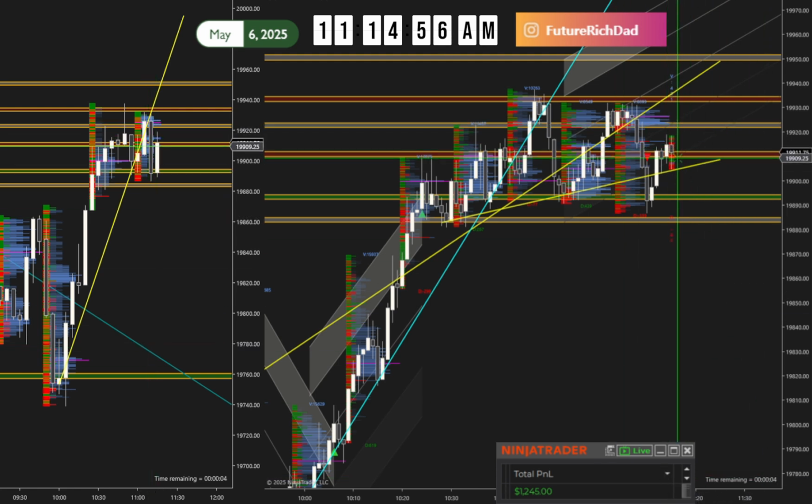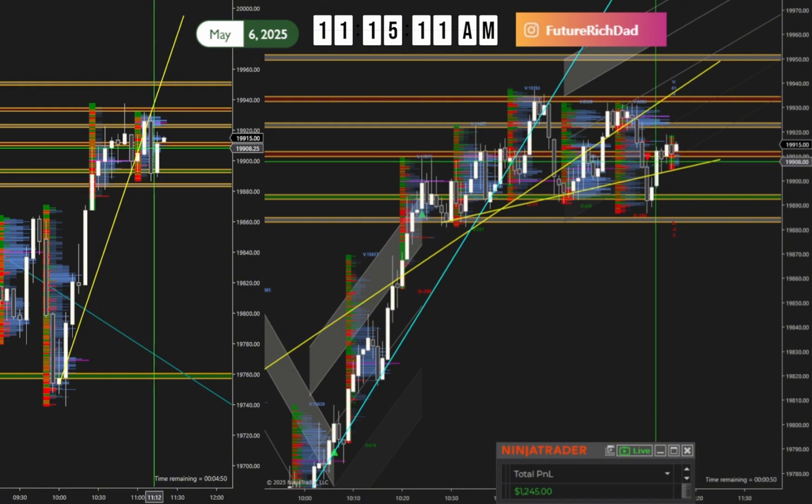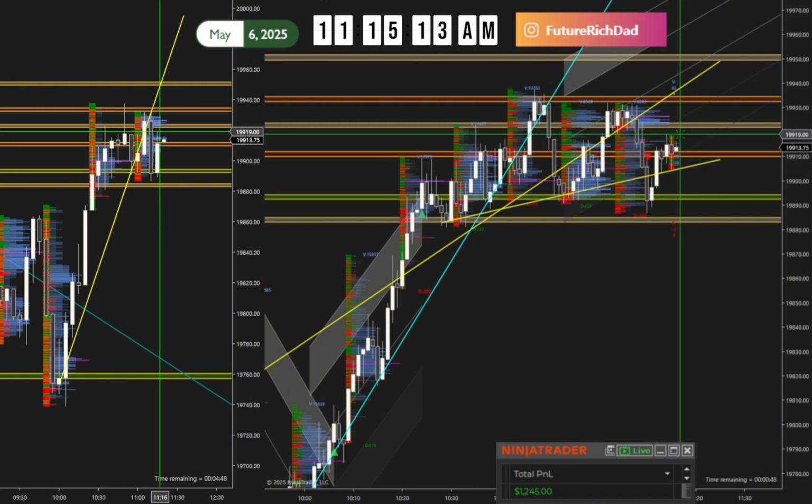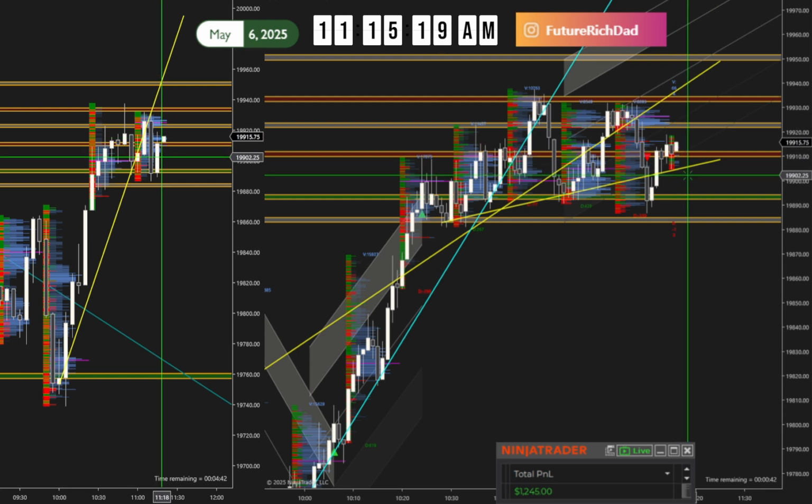Let's see how we close. So we did close in this area, so it's kind of hard to tell. So it looks like it's going to continue up, but there's no wick here, so there might be a bounce, but we'll see.